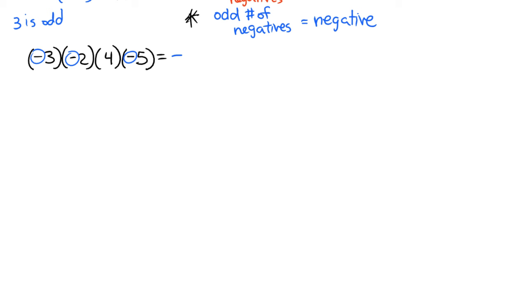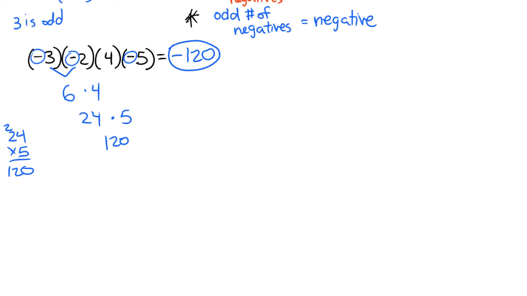So now our main focus is, okay, let's take 3 times 2, which is 6, multiply it by 4, which is 24, and then multiply that by 5. 24 times 5 is 0, carry the 2, and 12. So it's 120. So our answer then is -120. Once we use this rule, we're able to just focus on what 3 times 2 times 4 times 5 is, because we already know that our solution will come out to be negative.